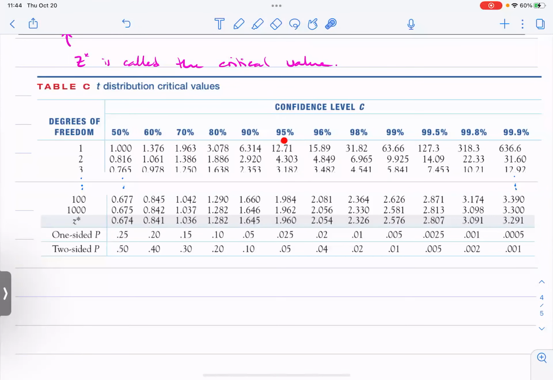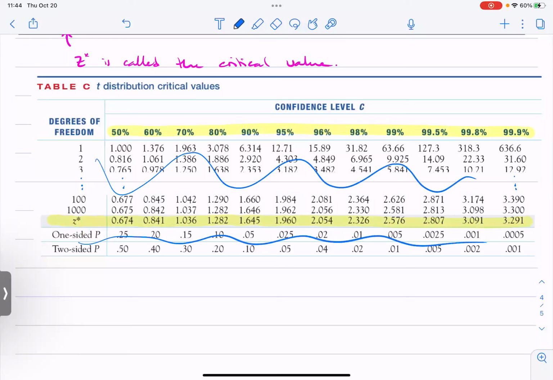Let's see 95%, it's all gibberish, but then I see a Z star, that looks pretty good. That's got to be a critical value, right? And so for now, we're just looking at this row and this row. Everything else, we're going to ignore temporarily. We will use the entire table, okay, but for now, it's pretty good.